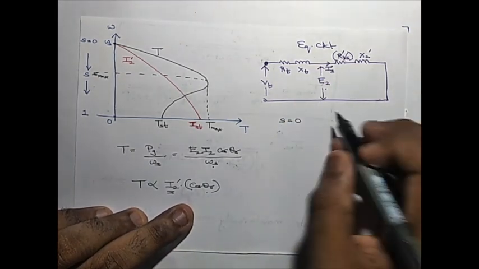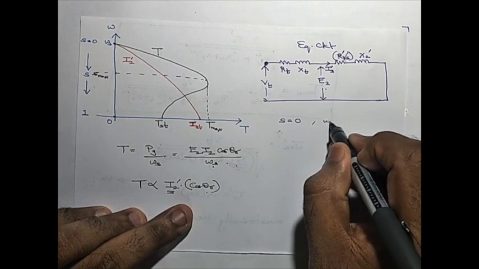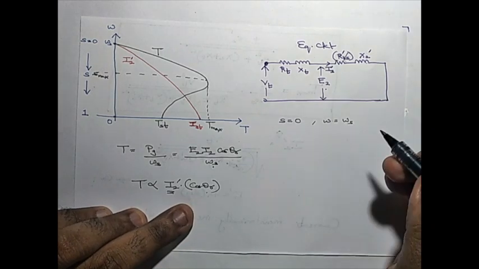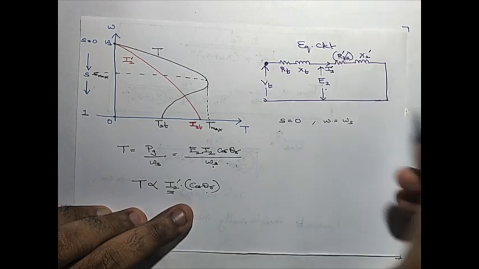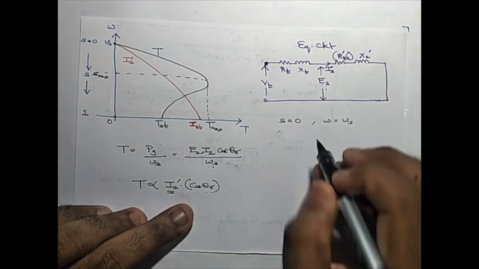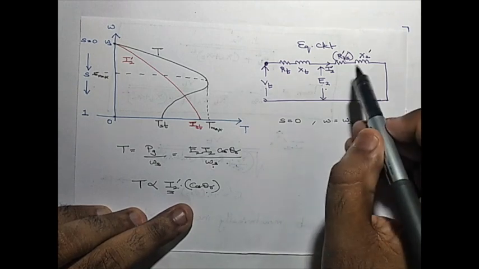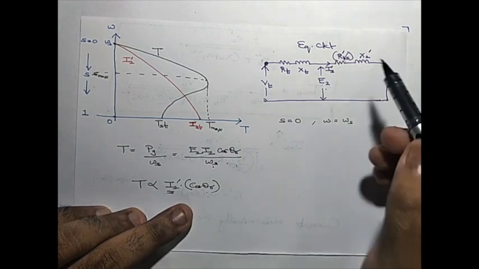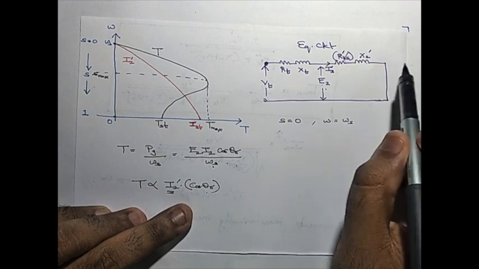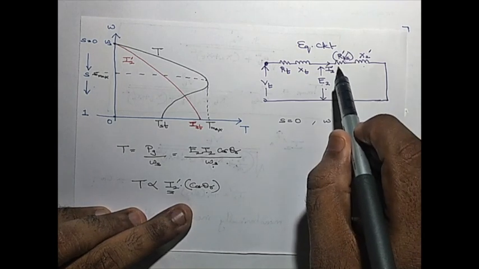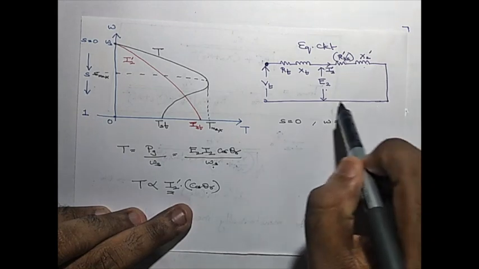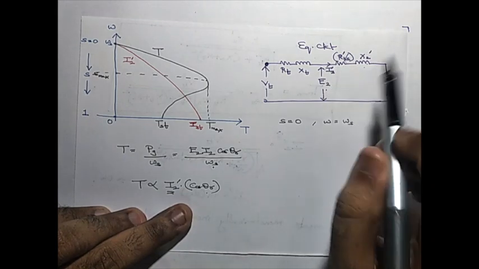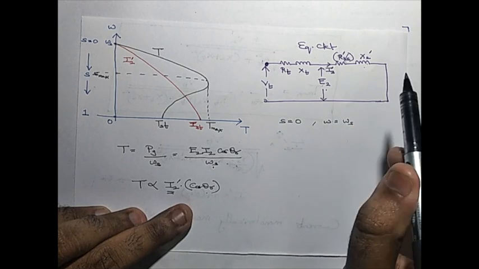Now, S is equal to 0, which means the speed is synchronous speed itself. What will happen to the rotor resistance R2 dash by S? That will be infinity. A resistor being infinity means it is open circuit. Now we have a reactive part and a resistive part, and this resistive part is infinity, which means this circuit is predominantly or almost completely resistive in nature.